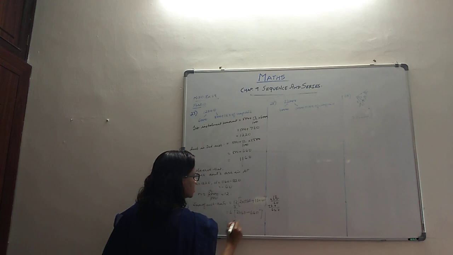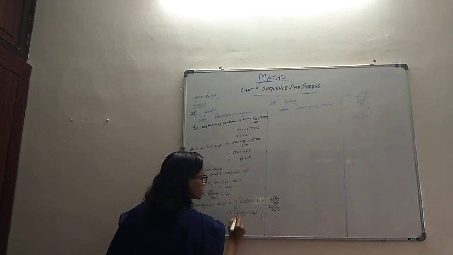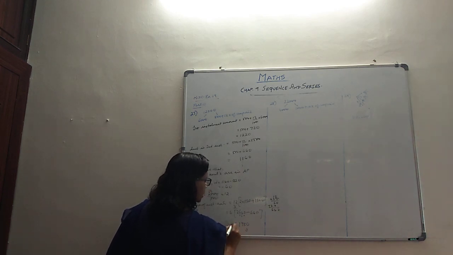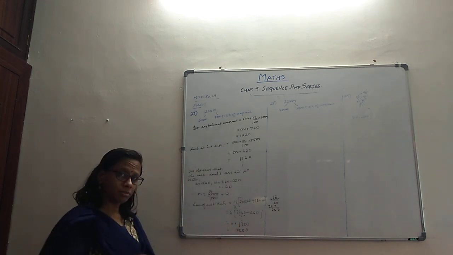Here itself we'll do a small calculation: 6 into 1780, 6 eights are 48, carry 4, 6 into 7 is 42, 46, 10. So much amount he's paying already by installments.